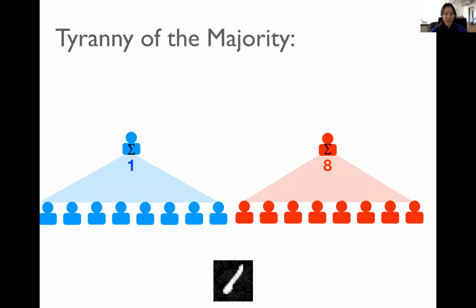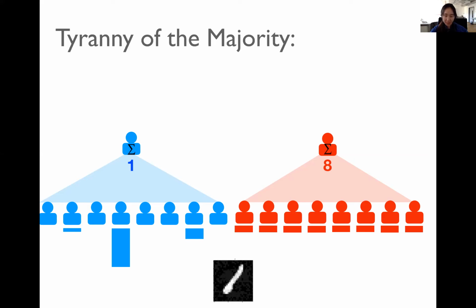When this image comes in, for the feature detectors detecting features for 1, there are a couple of strong activations. But for the feature detectors detecting features supporting class 8, many of them activate weakly.